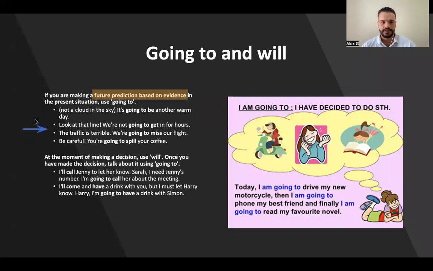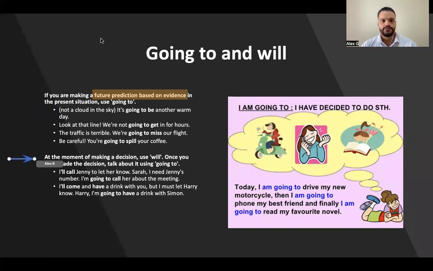So in all four of these examples, there is some visual or physical evidence that you can see that is going to help you make a prediction about the future. For example, you don't see a cloud in the sky, so you can assume or predict that it's going to be a nice day, a warm day.